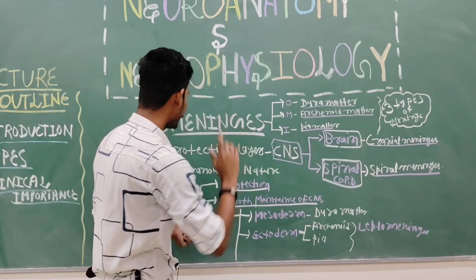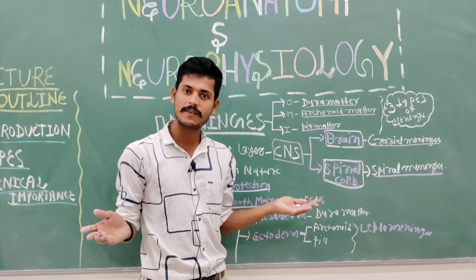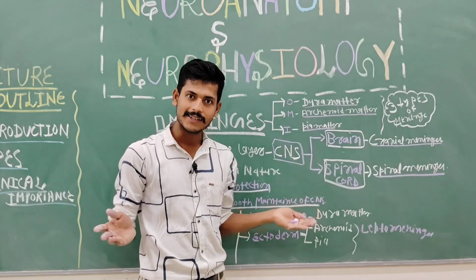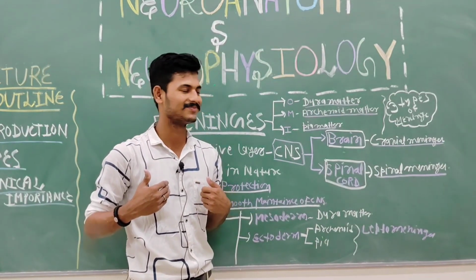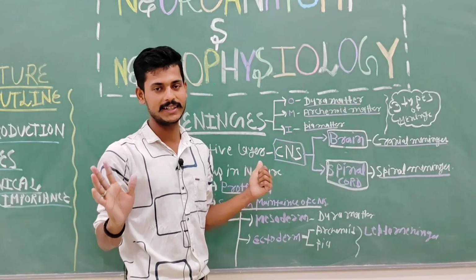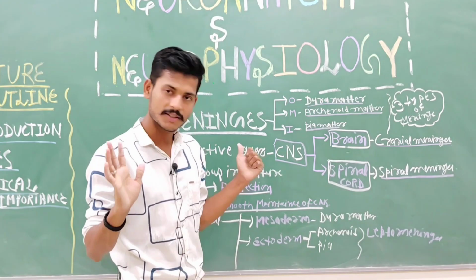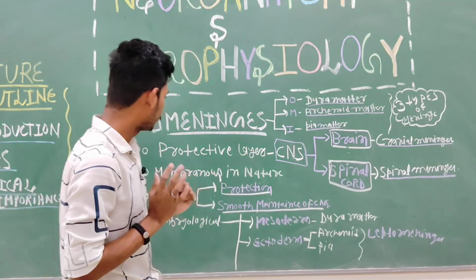Okay. And these three layers of meninges are not present in every animal, okay. It's in us that these three layers are profoundly, or we can say dominantly, present, understood? No problem.